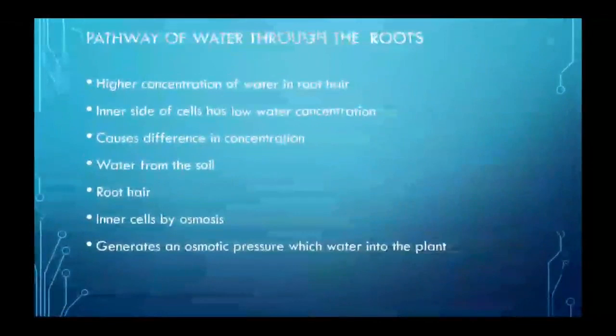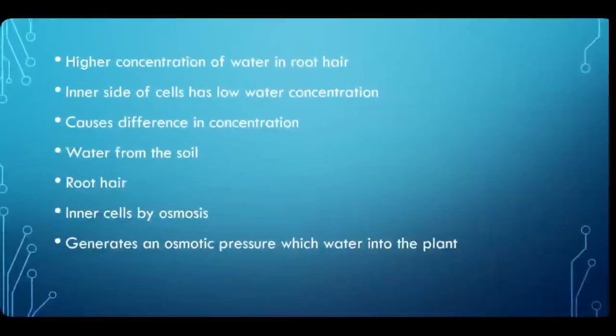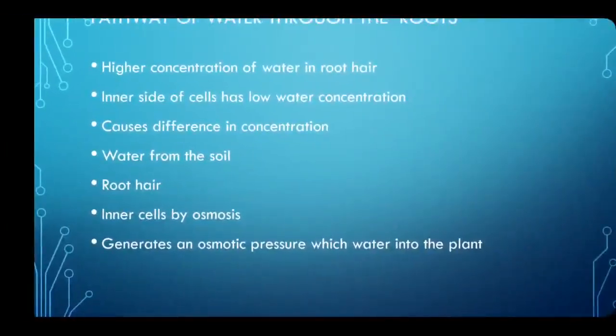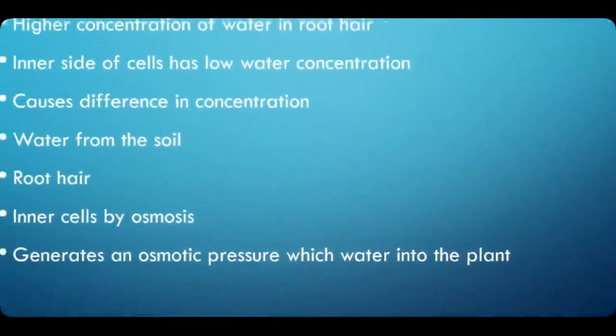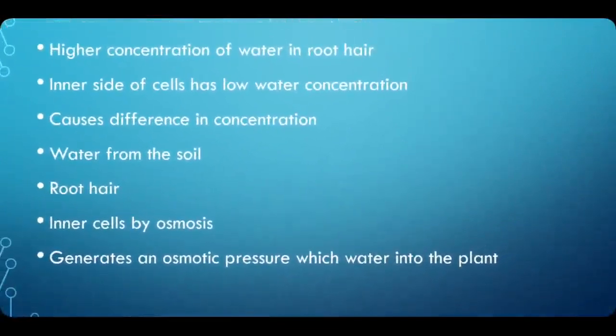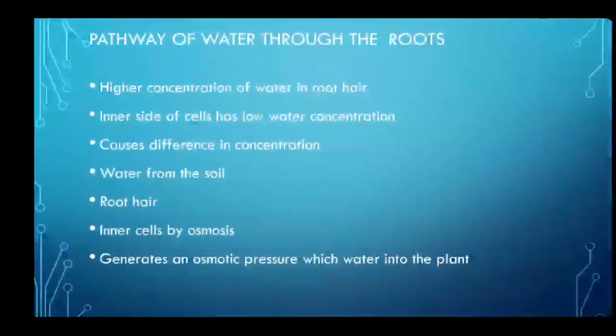So from the root it reaches the inner sides of the cell, and this causes a pressure, or a difference, and this type of pressure is called osmotic pressure. So now osmotic pressure is responsible for carrying water forward from the soil to the roots.